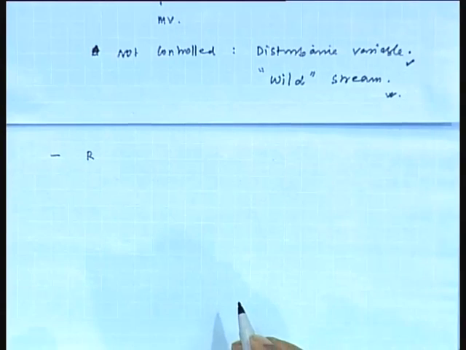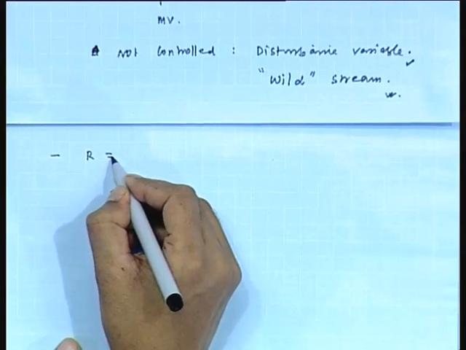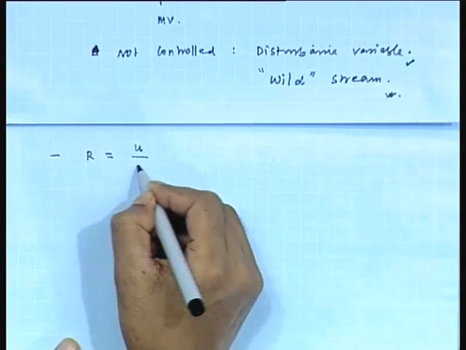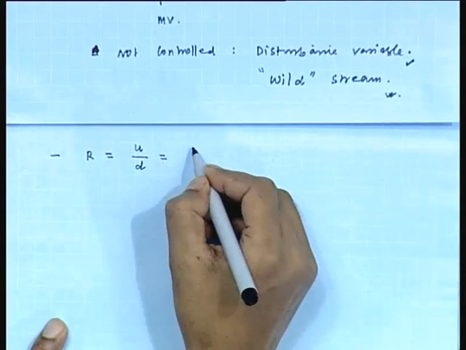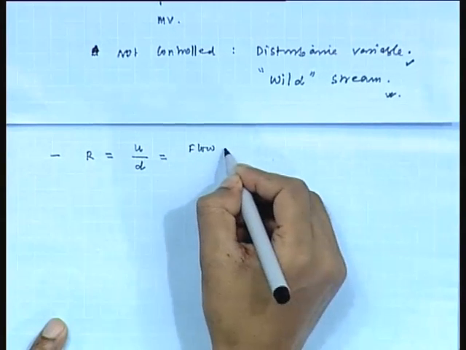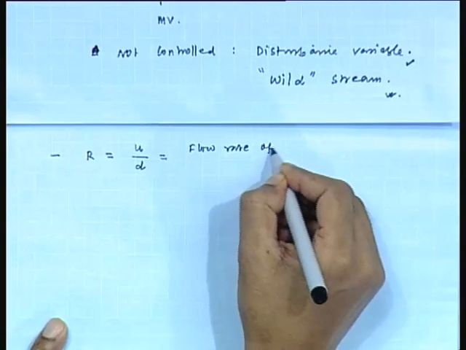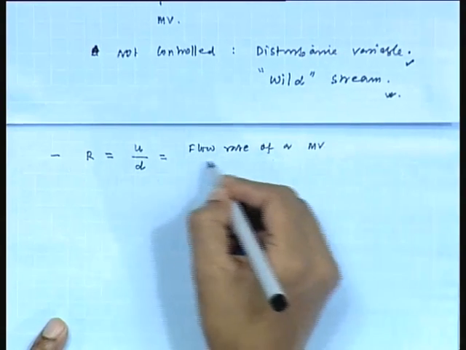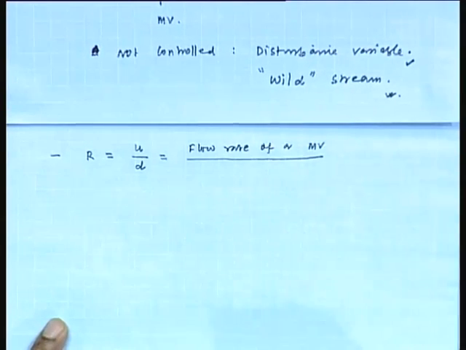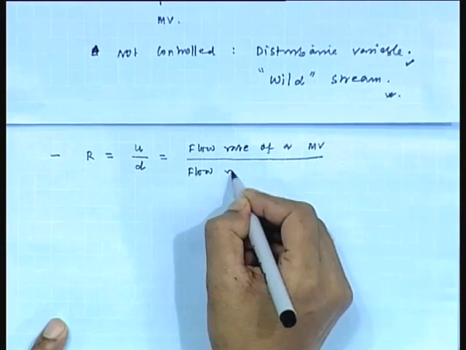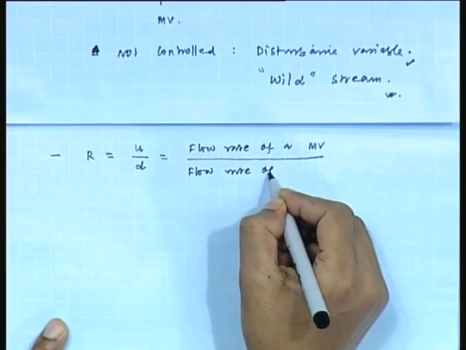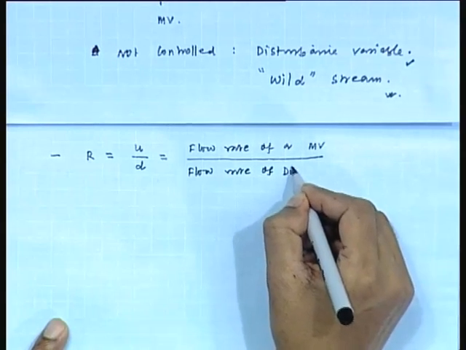Fine. The ratio, denoted by R, is equal to U divided by D. U is the flow rate of the manipulated variable, and D is the flow rate of the disturbance variable.